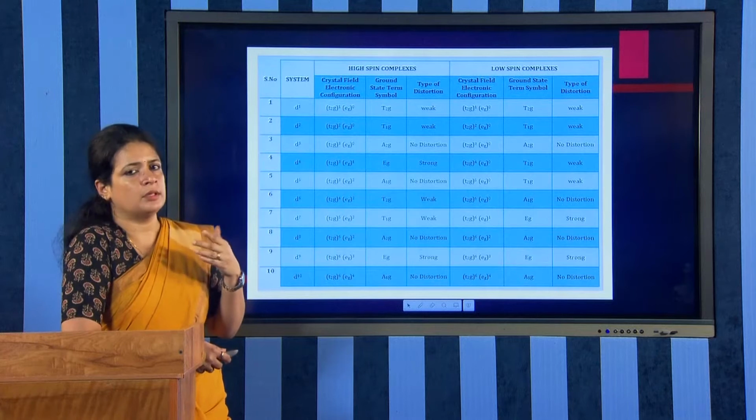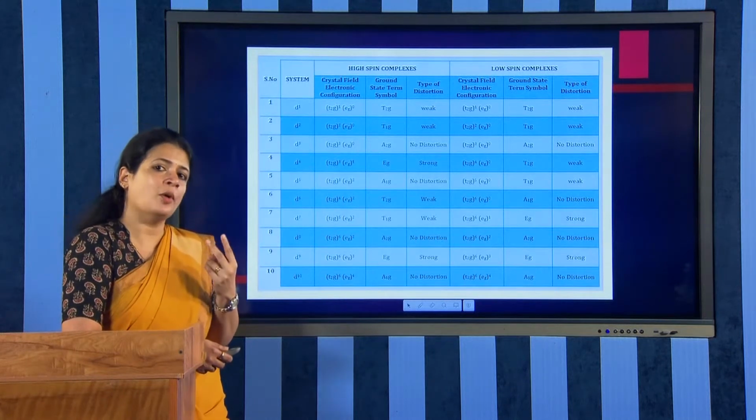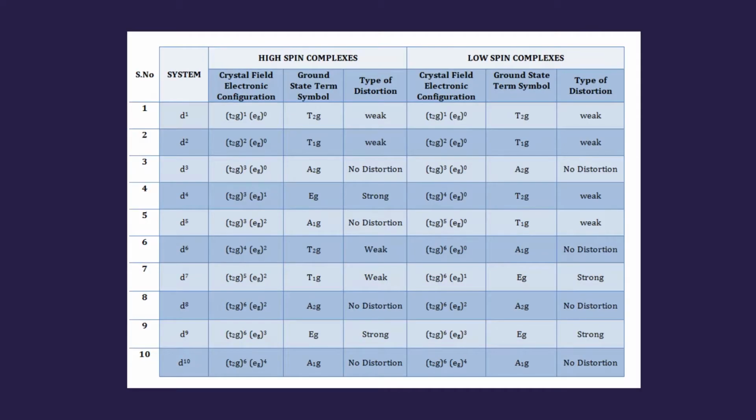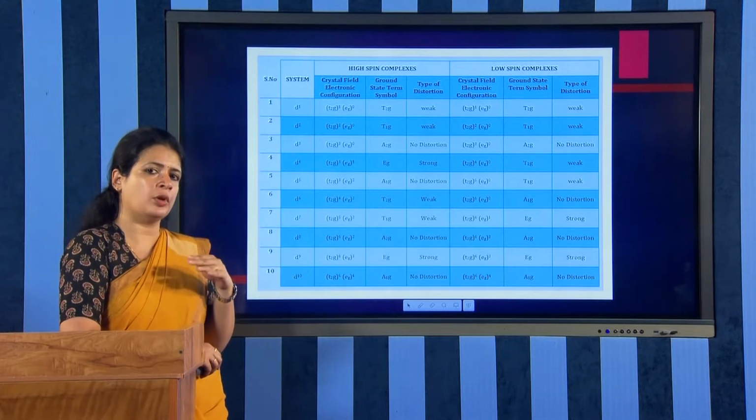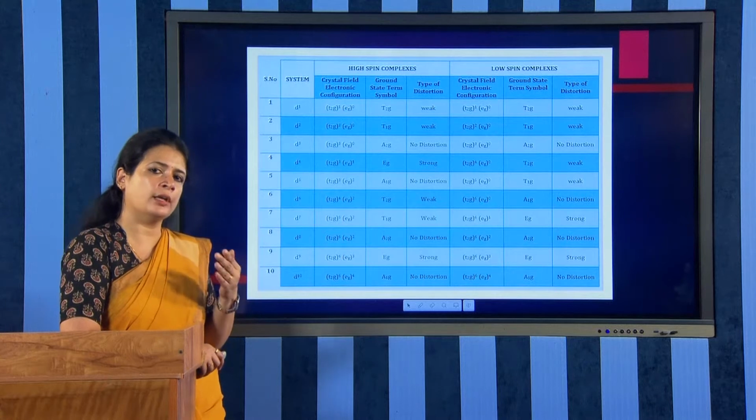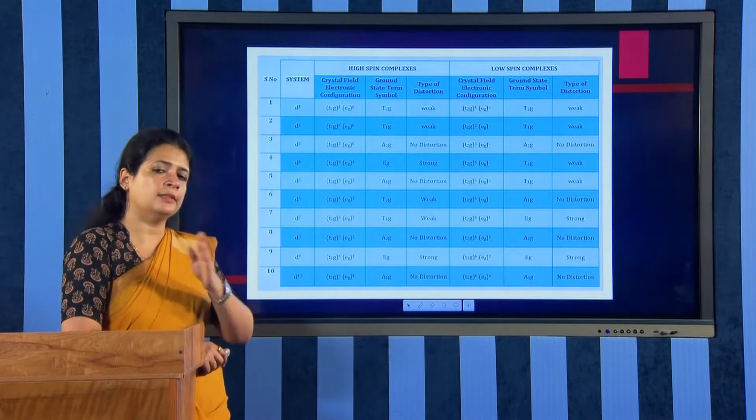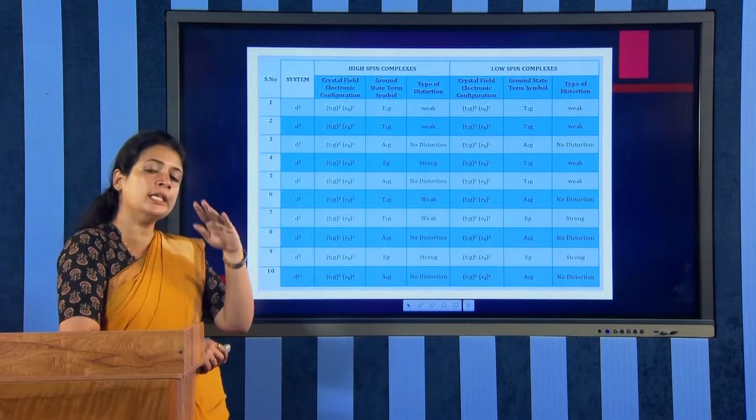We have seen that two types of complexes are there, high spin complexes and low spin complexes. High spin complexes have their spin maximum, that is, electrons will not be paired, or will be occupying a higher energy state. In the case of octahedral complexes, after the third electron, the fourth will be moving to the eg orbital.